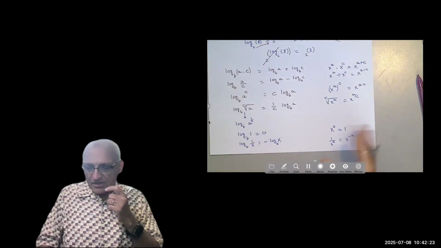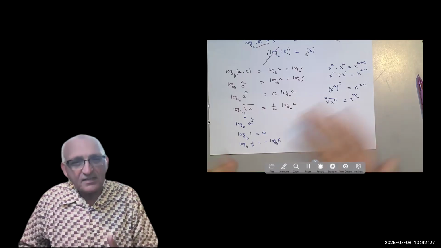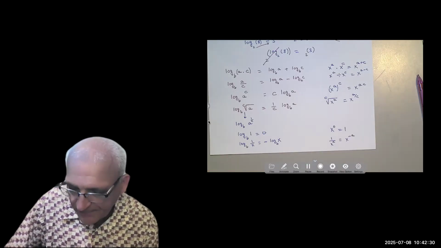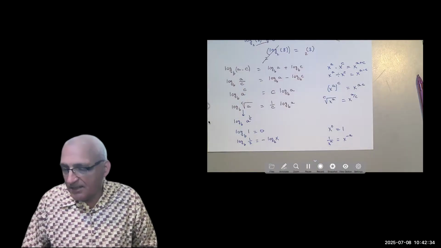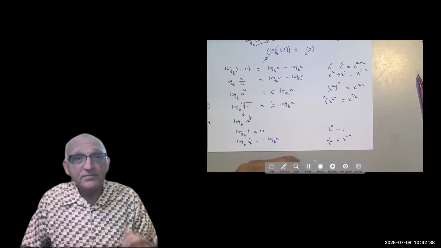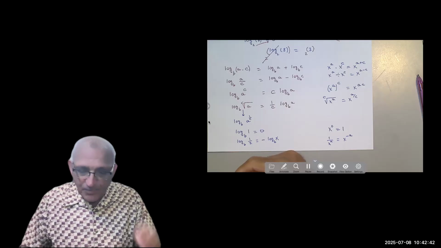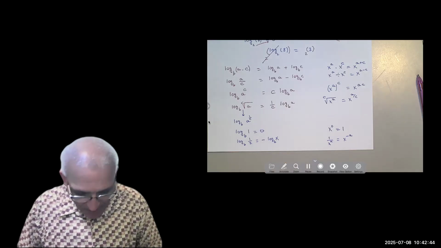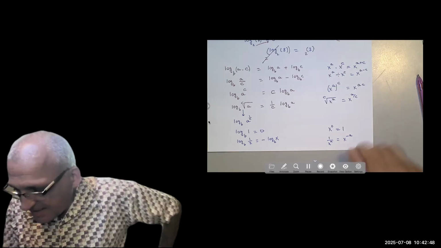So these rules are quite similar to what we had before, but they would allow us to solve problems using logarithms if we have an exponential function that doesn't have the same base.